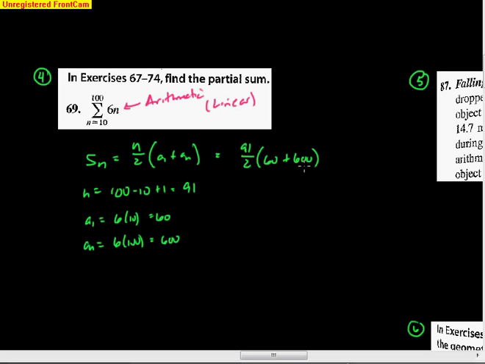And I'll just type away. And this will give me the sum of those numbers in that sequence from 10 to 100. So 91 divided by 2 times 60 plus 600. And I get 30,030.